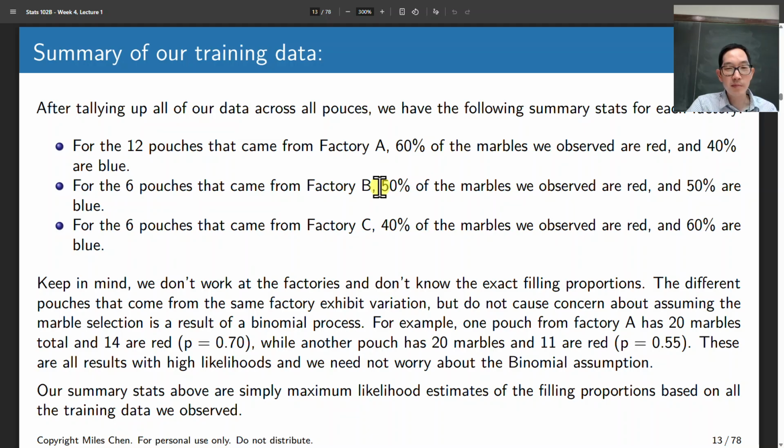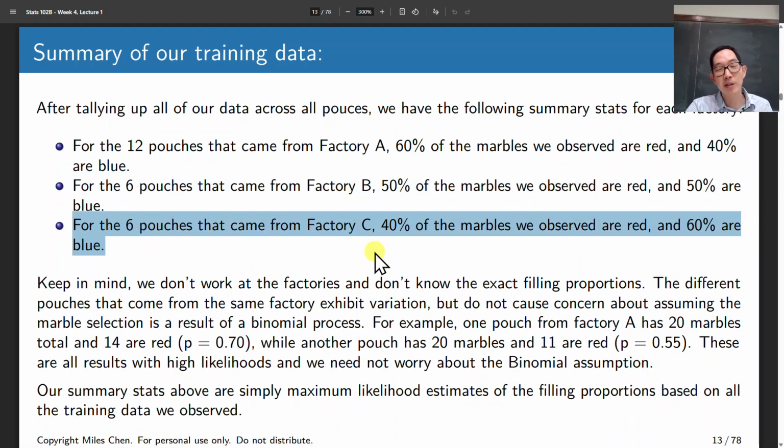Meanwhile, we look at the pouches that come from factory B, and after tallying them all up, 50% of the marbles are red and 50% are blue, okay? And then when we look at the pouches that come from factory C, 40% are red and 60% are blue.